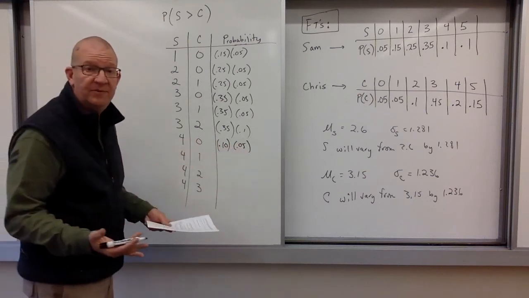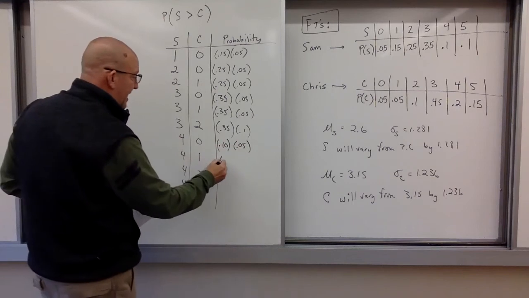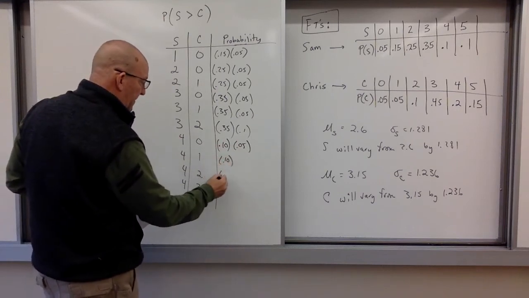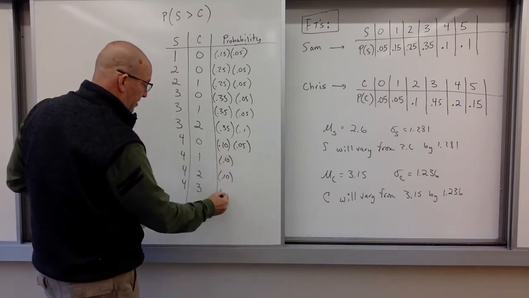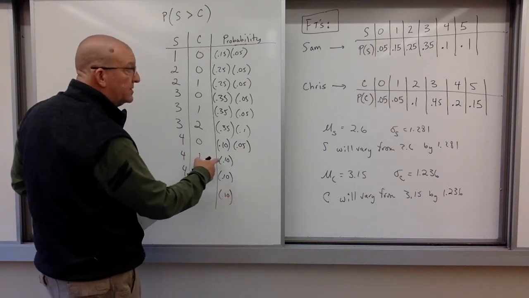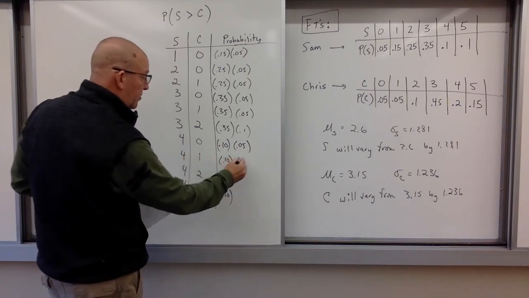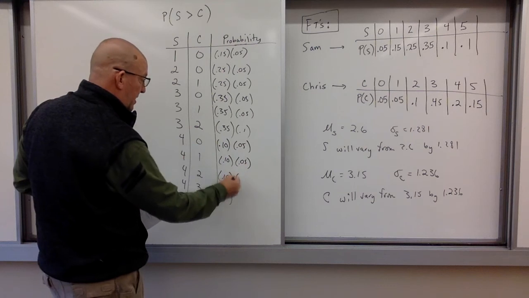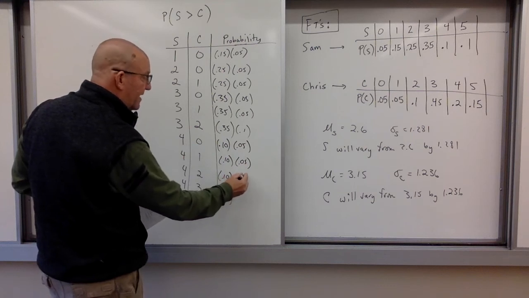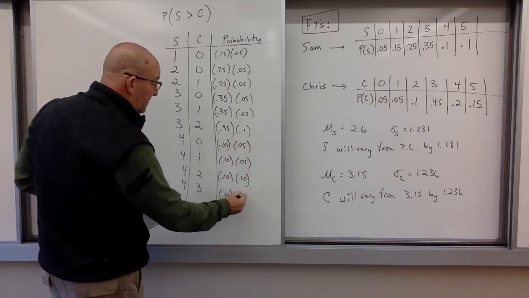10% to 5%. Again, 10% here at 4 for each of these outcomes. 1% for Chris. At 2, we're at 10%, and at 3, we're at 45%.